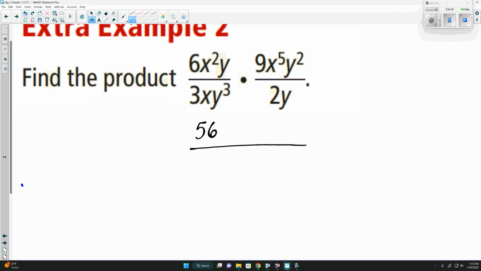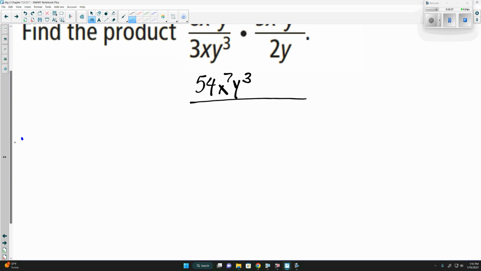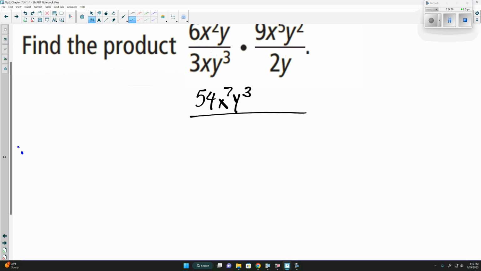Thank you. I think that was the last one that was 56. 54, x to the 7th, y to the 3rd. Thank you. That would have messed everything up. Now in the denominator, 3 times 2 is 6. Then we have x. Y to the 3rd times y is y to the 4th.